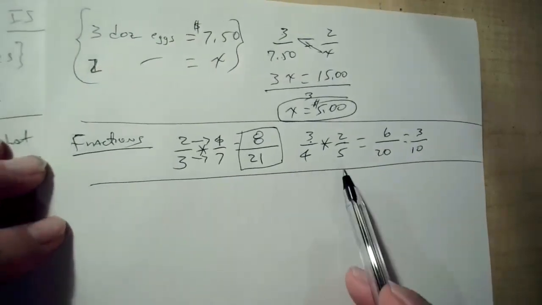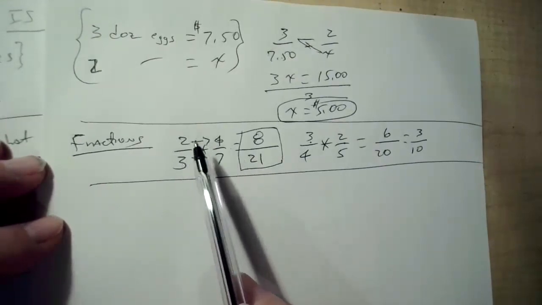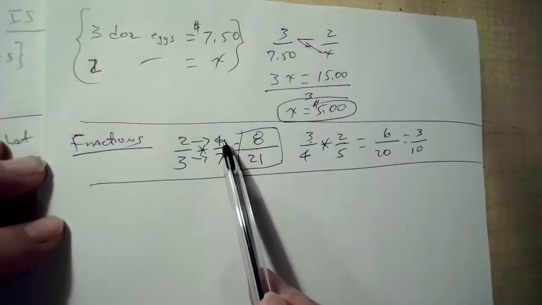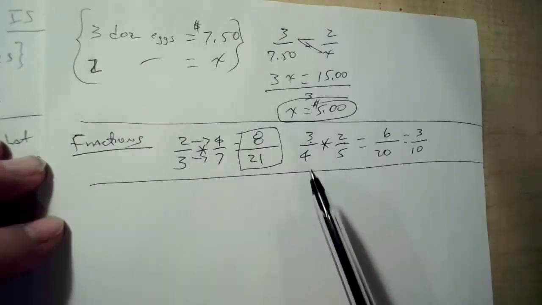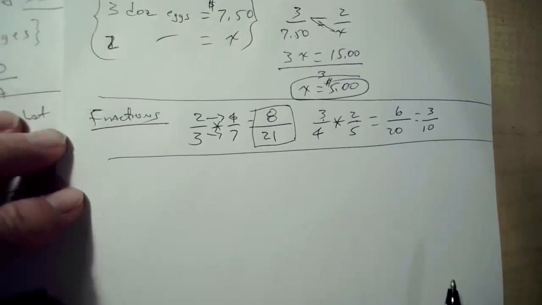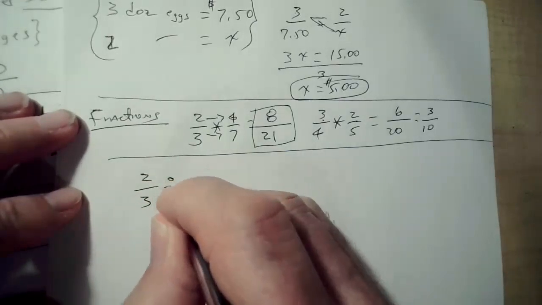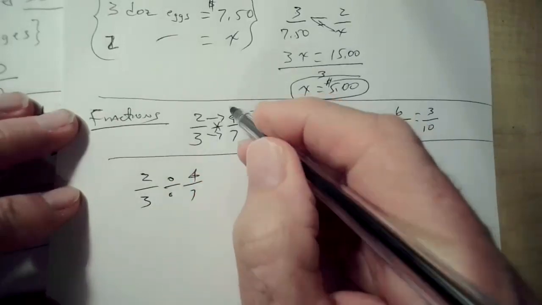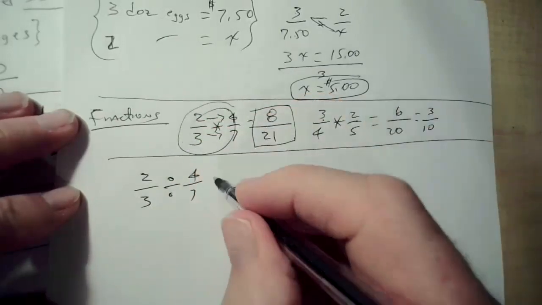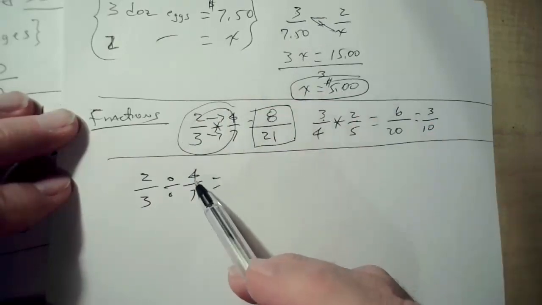Okay. Now dividing fractions. I hope this made sense here. It is really, really simple. Just multiply straight across, multiply the numerators and then the denominators. Now, if you're dividing fractions, how do you do that? You don't divide fractions. If you have 2/3 divided by 4/7, how do we divide fractions?